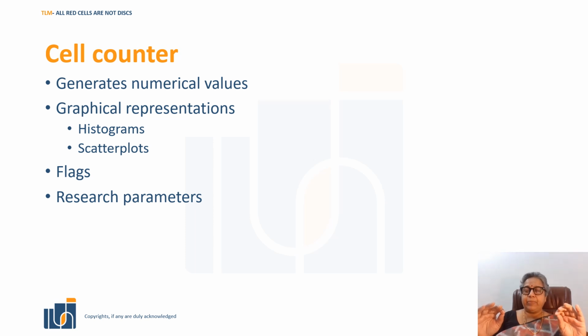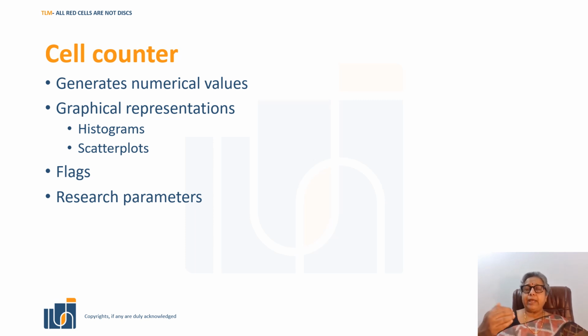Now, you also know that the high-end cell counters have, apart from the FDA approved or whatever regulatory body approved parameters, a whole load of research parameters. And many labs who process 500, 600, 700 samples are also looking into the research parameters to see whether they can give you some kind of an idea which will give you more information.